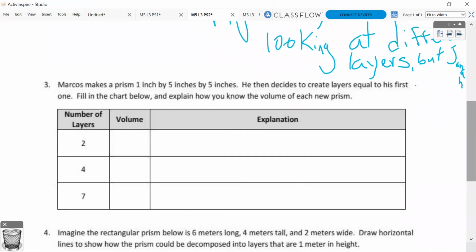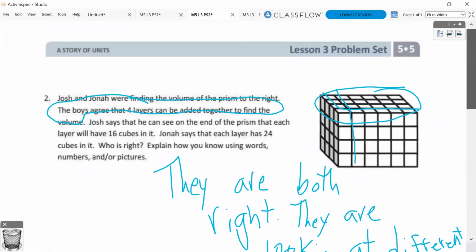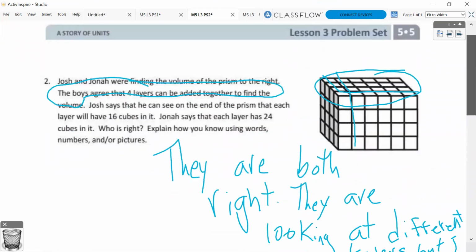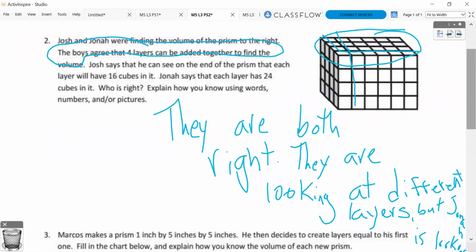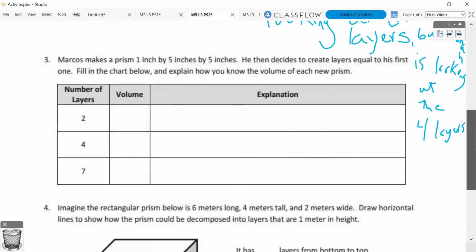But Jonah is looking at the 4 layers. So my apologies on the sloppy writing, but do you see what we're talking about? Well, they're both right in terms of how many are in a layer, but who's looking at the correct layers? Well, Jonah was, because they talked about looking at the 4 layers.